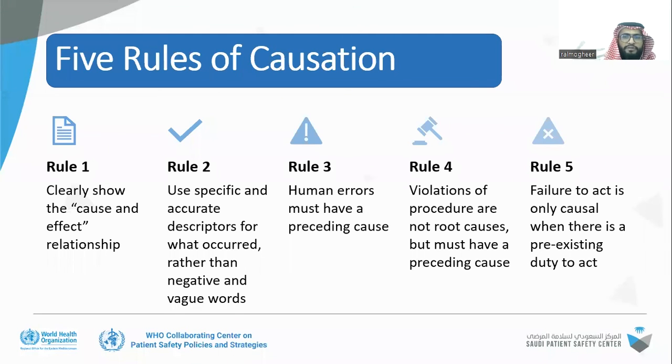After you find out your root causes, what should you identify? You reach them using the 5 rules of causation. What should you add to that in the flow diagram?